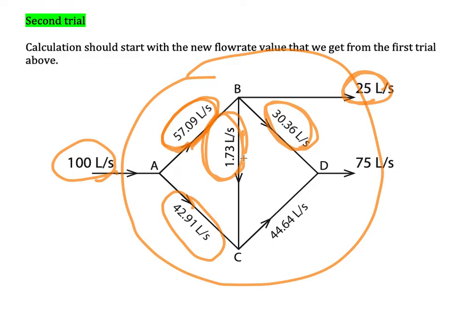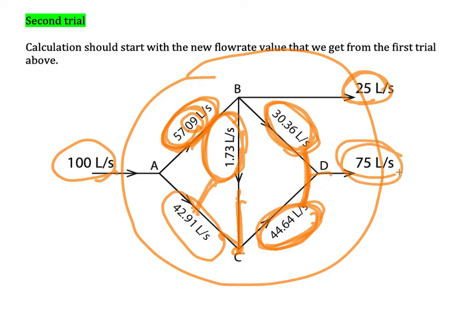For example, 0.36 plus 0.73 gives you 1.09. Please make sure that the numbers here are totally correct. And these two values will equal this value 44.64. So we have 1.73 plus 42.91, and if you add these two values, it will give you 44.64. And if you sum these two values, it will give you 75.